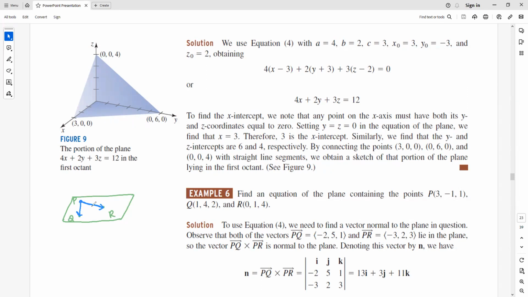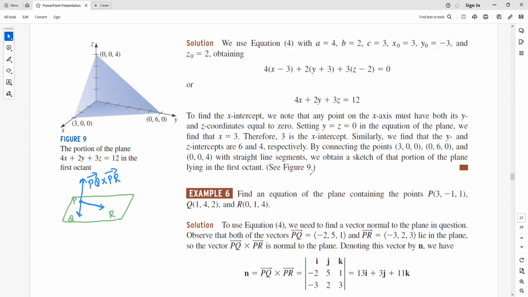If I find the cross product of these two vectors, I will get a normal vector pointing outward, normal to the plane, right? So PQ cross PR, the cross product of these two vectors, will be a perpendicular vector to the plane.